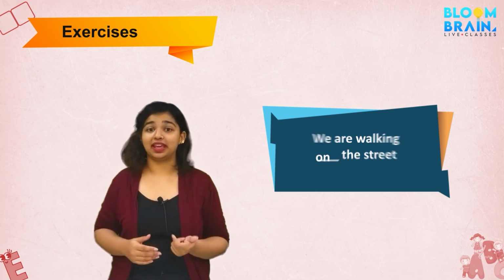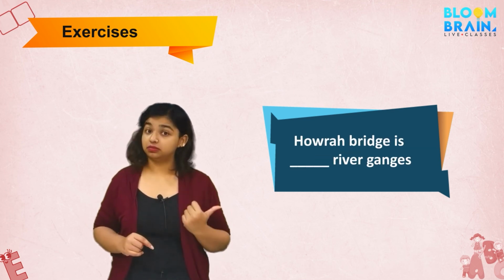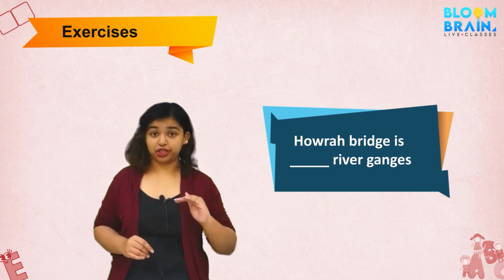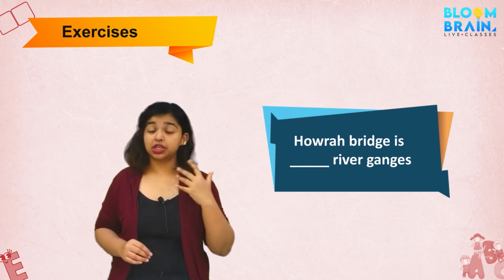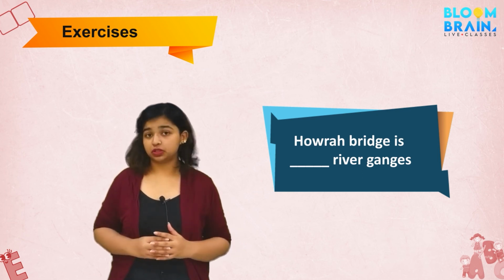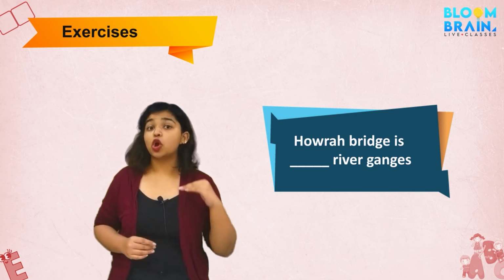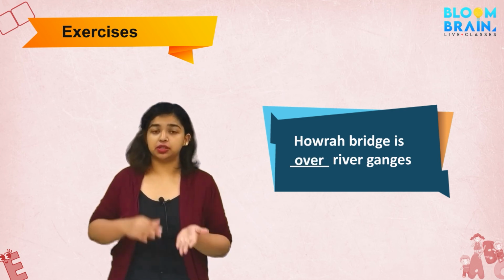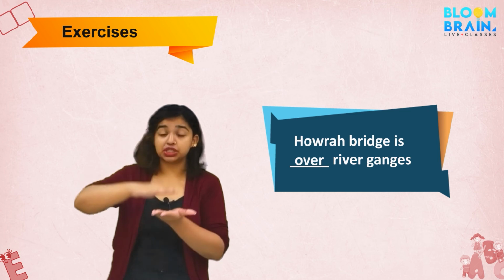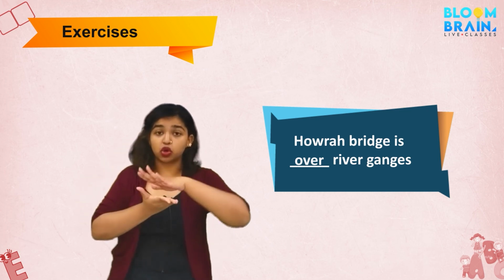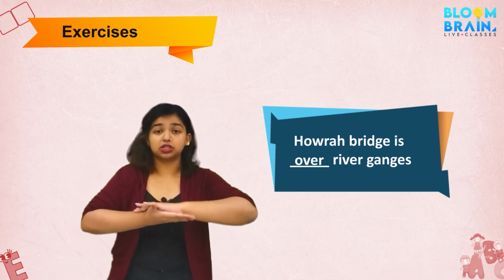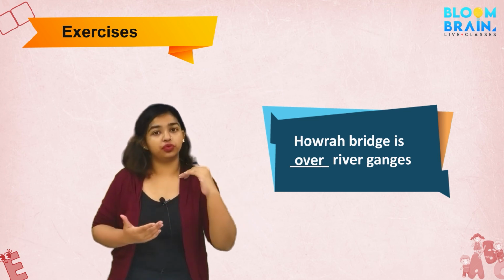Next. Howrah Bridge is dash river Ganges. So Howrah Bridge is over river Ganges, because there is a spatial difference, right? The water surface and the bridge, it does not coincide. So over.